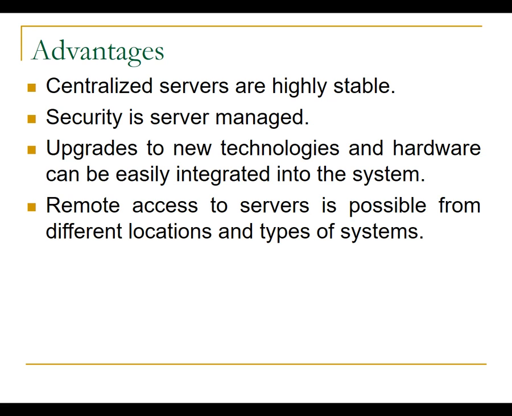Next, in a network operating system, upgrading to new technology by upgrading the hardware and software can be easily managed. That means there is no need to make any software changes, just eject your old hardware like random access memory or the processor.